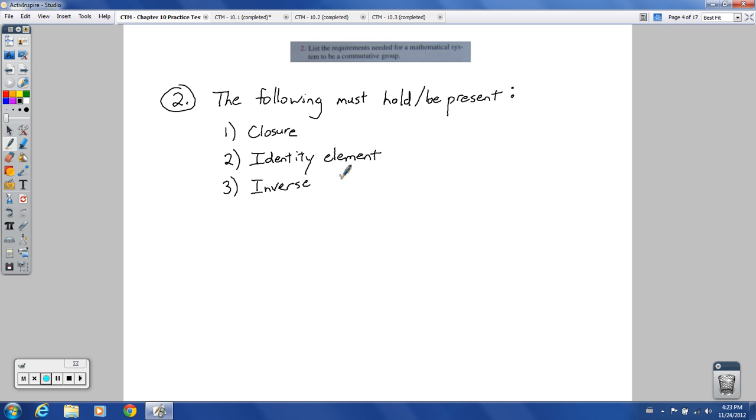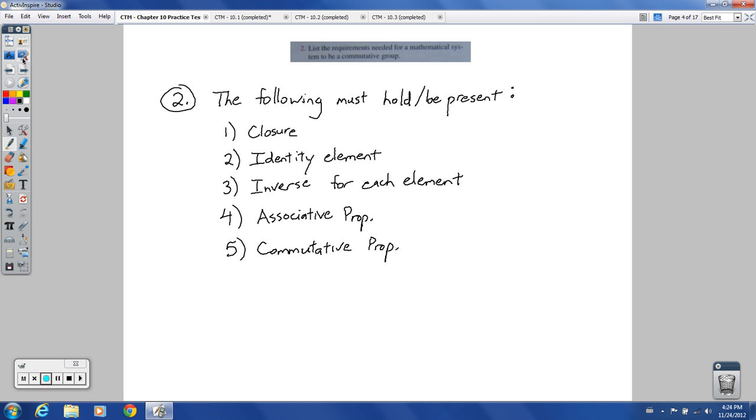There has to be an inverse for each element, and the associative property must hold, and the commutative property must hold. If it's just a plain old group and not a commutative group, then you just have to have the first 4, remember. The commutative property must hold as well.